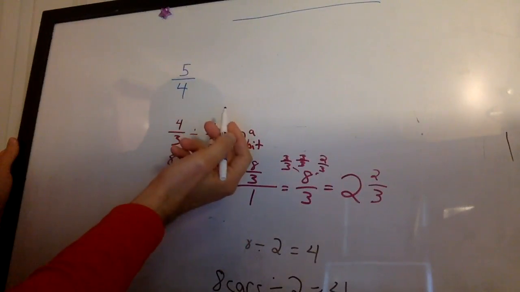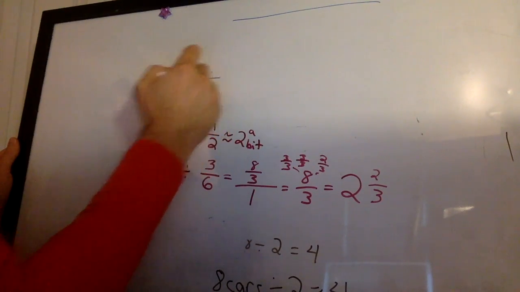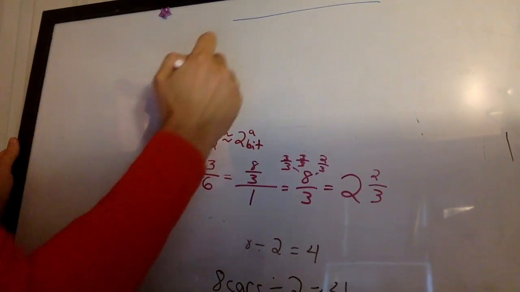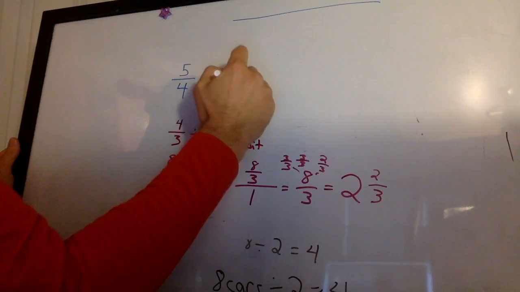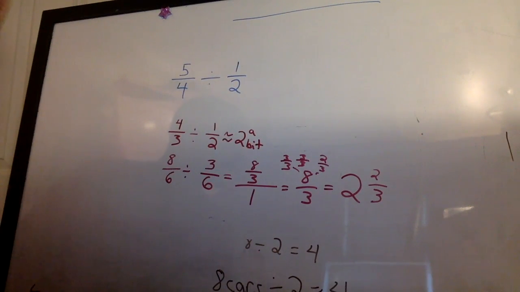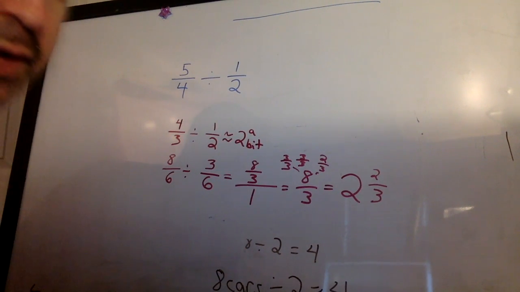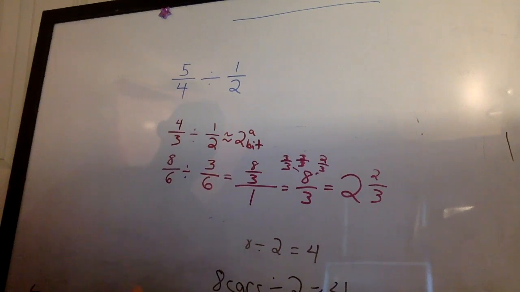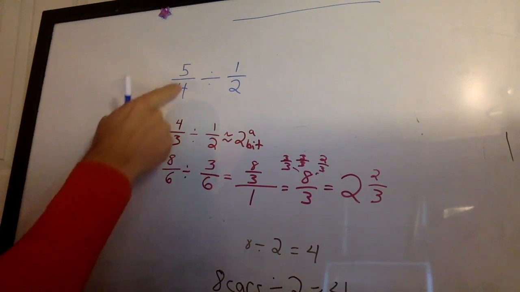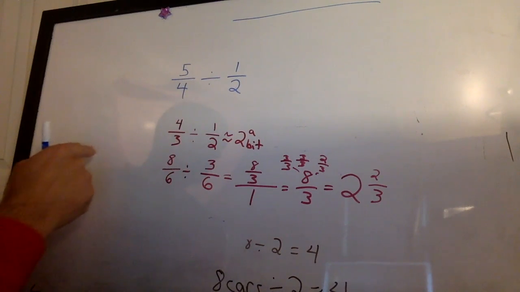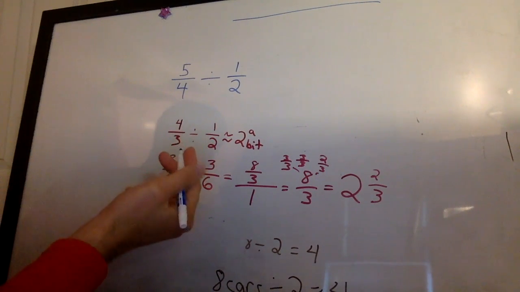Let's just say it's 5/4 divided by 1/2. I'm trying to figure out 5/4 and dividing it into groups of a half. So first I'm going to try and find the common denominator for 4 and 2. What would it be? It will be 4, right?